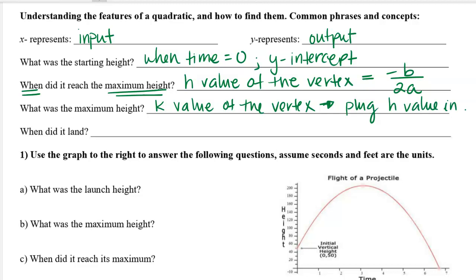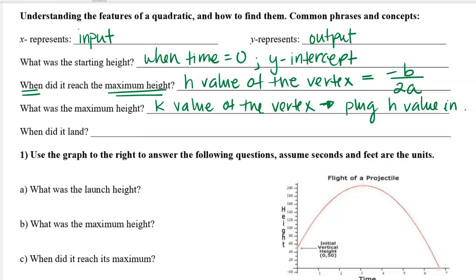Now, when did something land? An object, a ball, you know? If we're shooting something up there, something has to land. What does that mean? When did it land? Yeah, because think about this. If something lands, what's happening to the Y value?